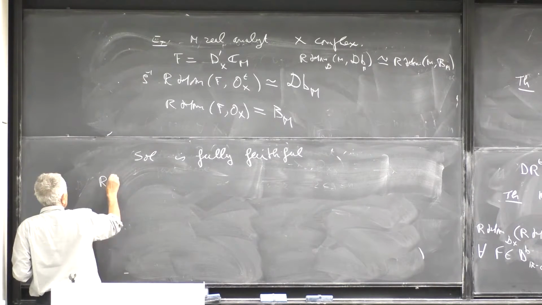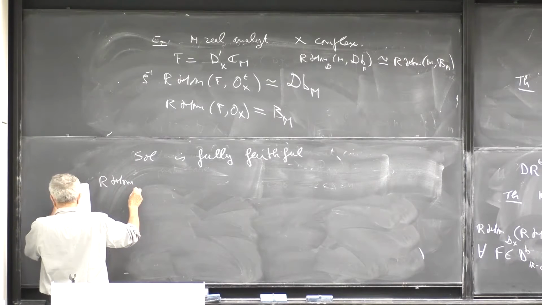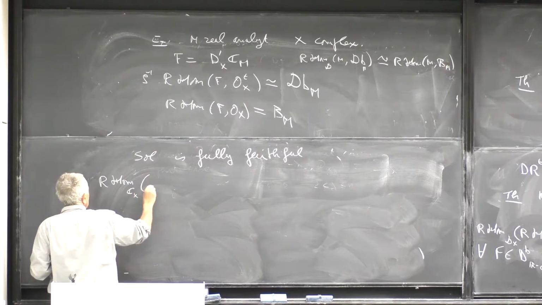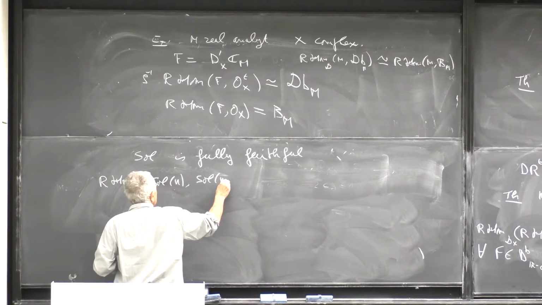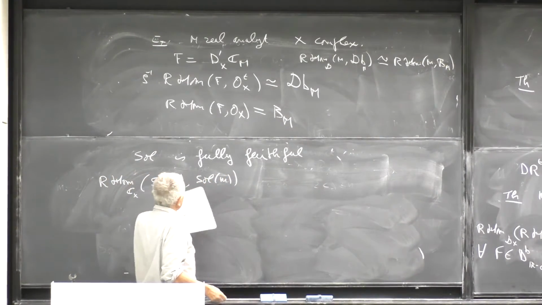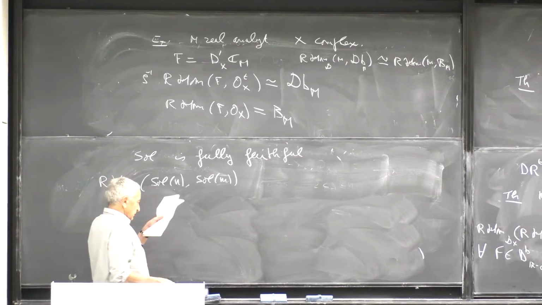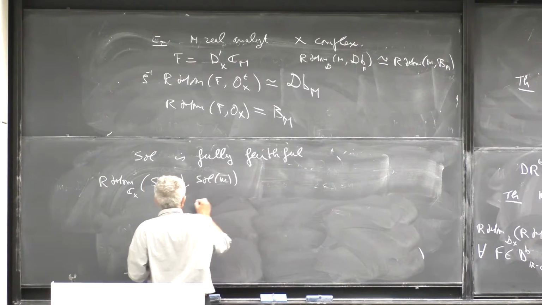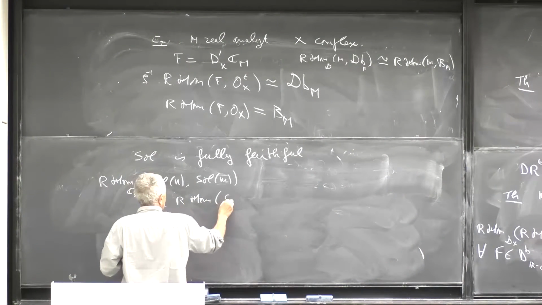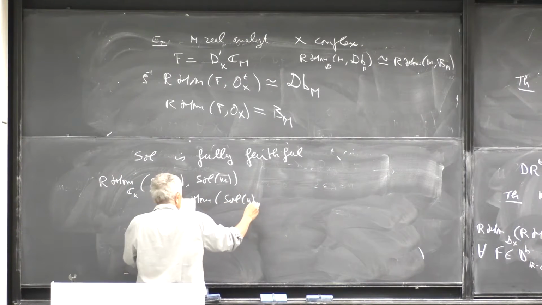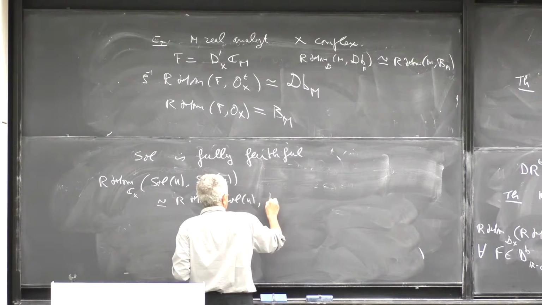So let's write Rm of sol n, sol m, where m and n are regular holonomic. So this is isomorphic to Rm sol n. So I follow my notes.